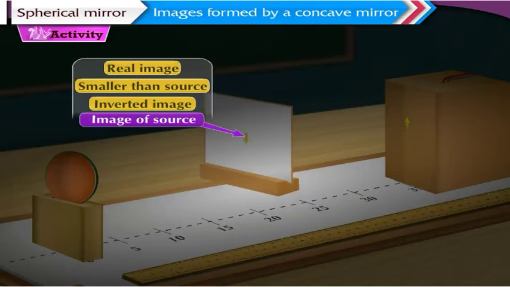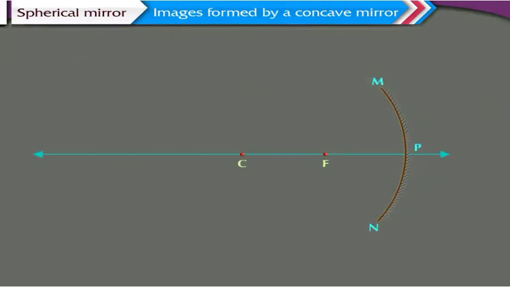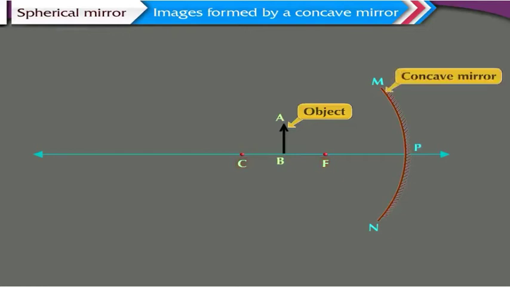Come, let us now study image formation by a concave mirror when an object is placed at different distances with the help of ray diagrams. As shown here, an object AB is placed between the focus and the center of curvature of the concave mirror MN.